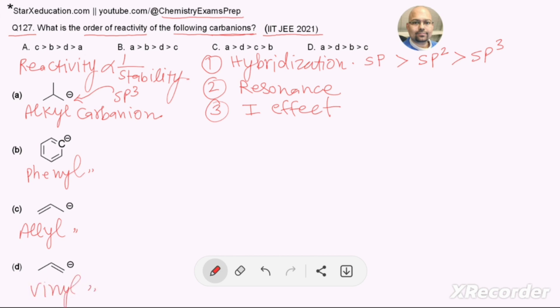So let's draw the orbitals for phenyl carbanion and see where the negative charge is. Is there a possibility of resonance stabilization in B, C, and D? Since the carbon is sp2 hybridized, the negative charge resides in one of the sp2 hybridized orbitals.